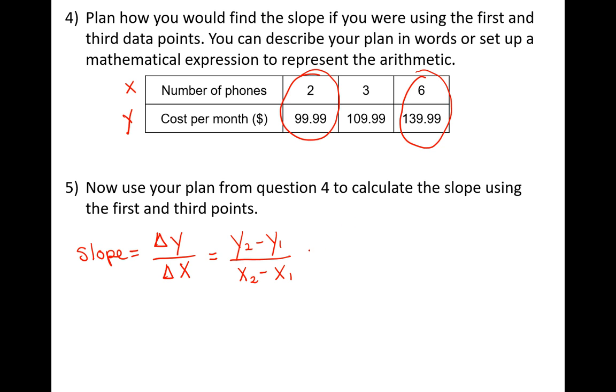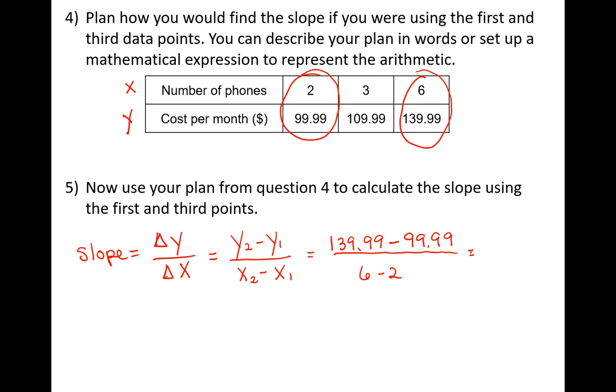All right, look at Y. Y went from $99.99 to $139.99. You can think of this as beginning and final. So we're going to do the last one first, $139.99 minus $99.99. That's the change in Y. What was the change in X? It started at 2 and it ended up at 6. That's 6 minus 2.